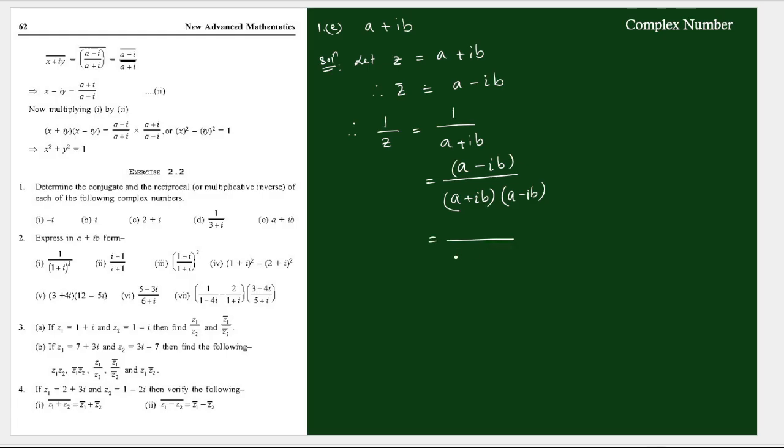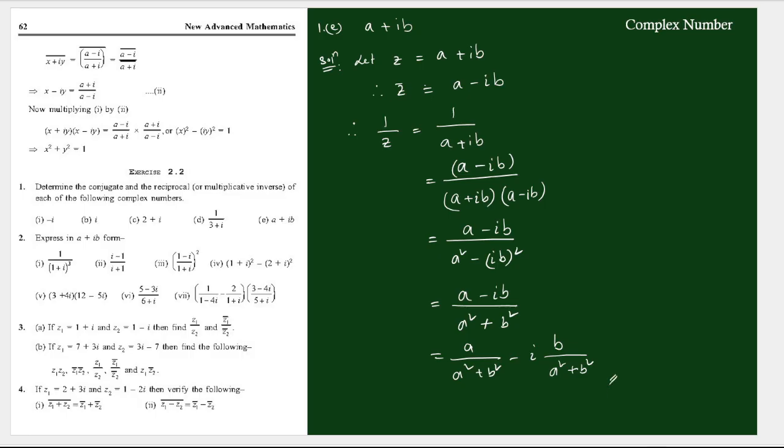Then we will get a square minus i b square in the denominator, and in the numerator a minus ib. Now a square, and i square will be minus 1, so minus minus will be plus. Now you separate the real part and the imaginary part: a by a square plus b square minus i b by a square plus b square. So this is your answer.